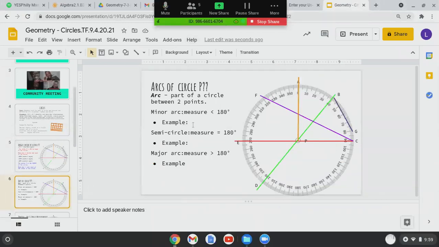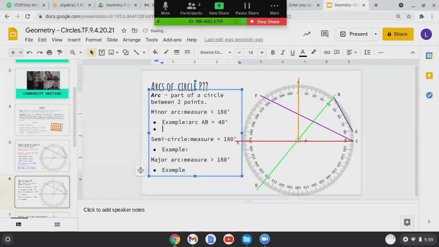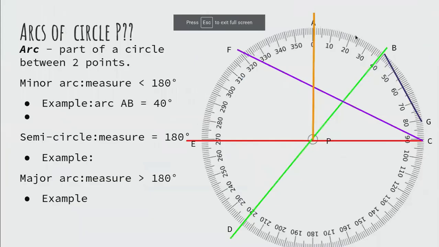So an example of a minor arc is the arc from A to B, which equals 40 degrees. Make sense?